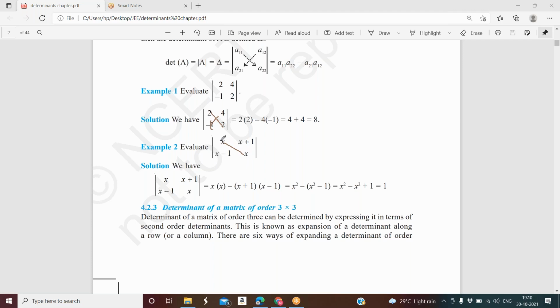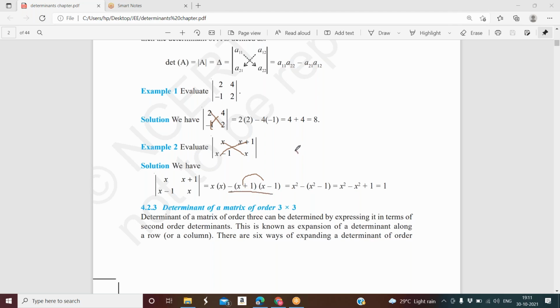A11 into A22, so x into x. Then we add minus sign. Then we need to multiply these two, x minus 1 into x plus 1, A21 into A12. When you multiply these two, it is of the form a plus b into a minus b.